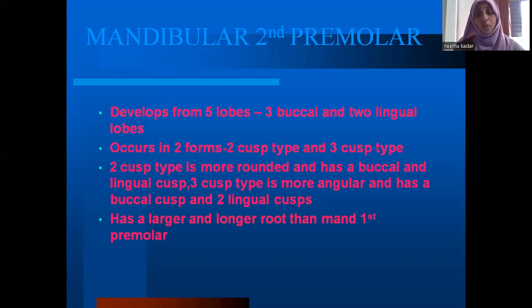The 2 cusp type is more rounded and has a buccal and lingual cusp. The 3 cusp type is more angular. It has a buccal cusp and 2 lingual cusps. Compared to the mandibular first premolar, it has a larger and longer root.